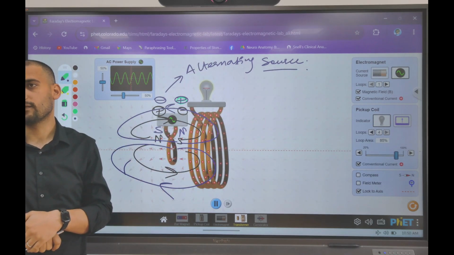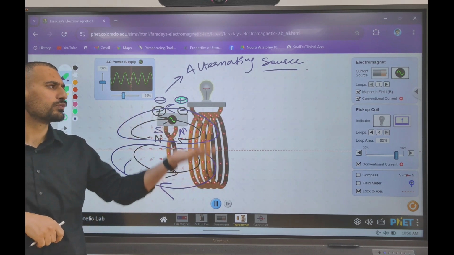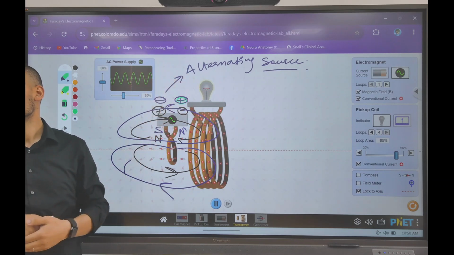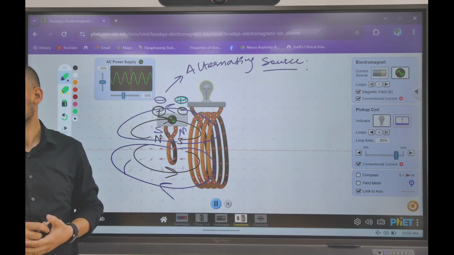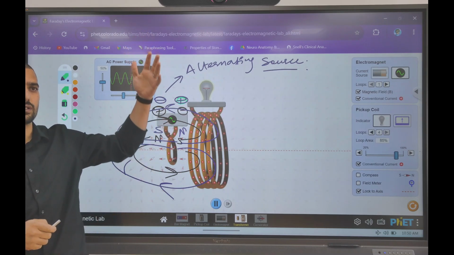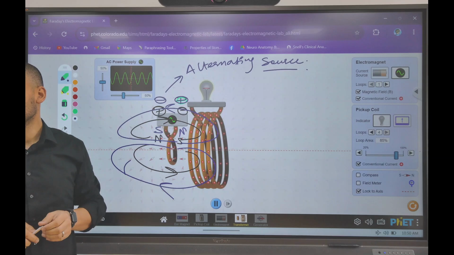Is that fine? That is how it works in a transformer, which is at homes, at the electrical substations, power grids, grid stations. Have you seen a grid station anywhere? Big transformers are installed. Electrical poles, have you not seen them?